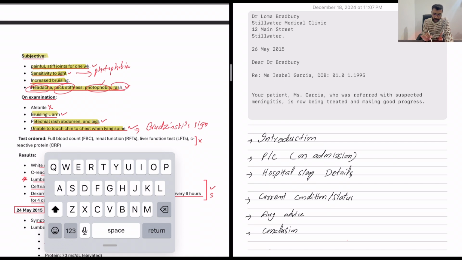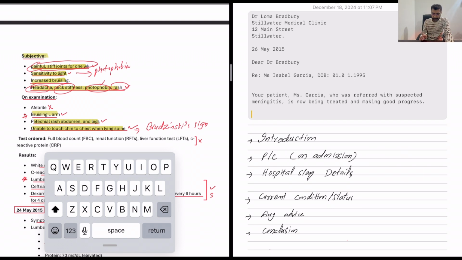What else? There were painful and stiff joints, and there was increased bruising, but we can include bruising in the examination part, as given below: bruising in the left arm. So we can include the bruising part in the examination part.